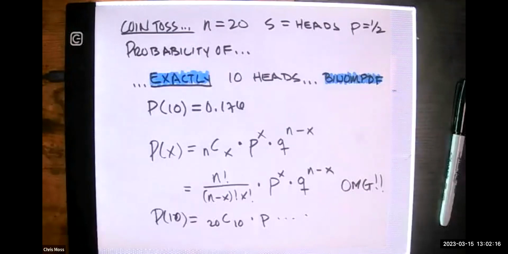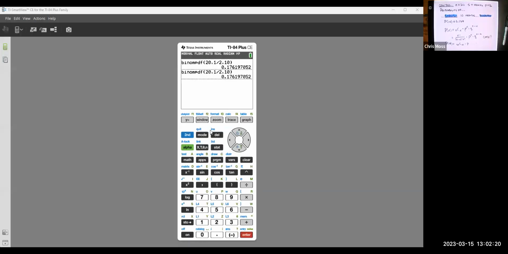So let me share my calculator screen. And we'll start with, let's see, we have 20 trials. We are interested in 10 successes. We're going to multiply those number of choices by the 0.5, and I use my decimal now, and we'll raise that to the 10th power.